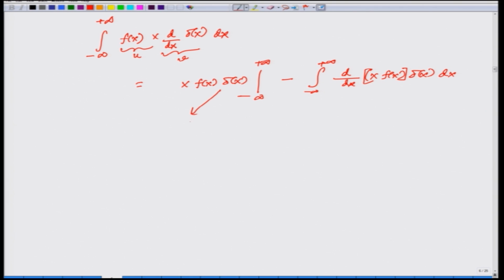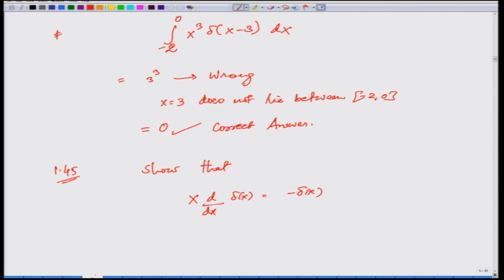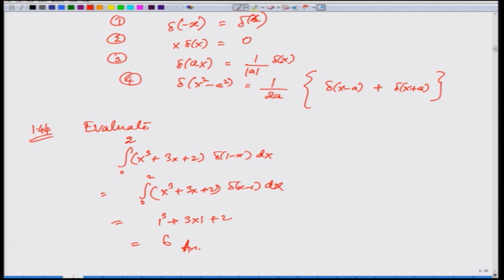But the boundary term will give me 0 because delta of minus infinity is 0 and delta of infinity is also 0. So I will be left with only the integral from minus infinity to plus infinity, and upon differentiating you can write x f prime x plus f of x, multiplied by delta x. And from our previous slide, from property 2, you know x delta x is equal to 0.